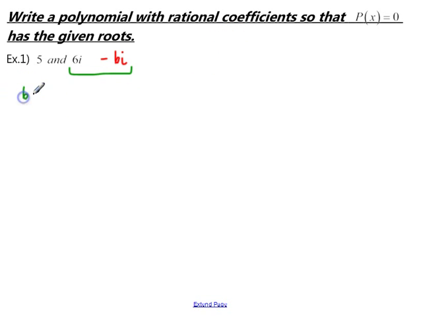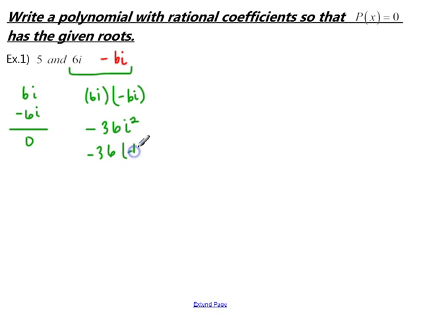So first, let's add down 6i minus 6i, and that gives us 0. And then we're going to multiply those, 6i times negative 6i. And in this case, because it's just one term, we don't need to FOIL, we're just going to multiply. This gives us a negative 36i squared. And remember, we always substitute i squared with negative 1.